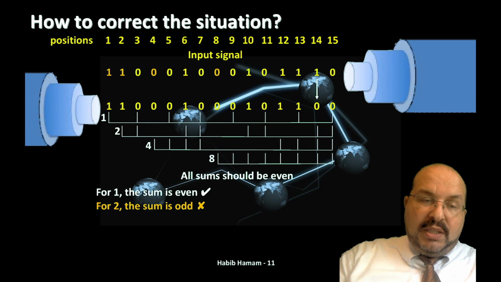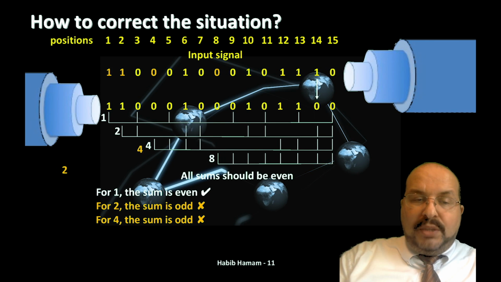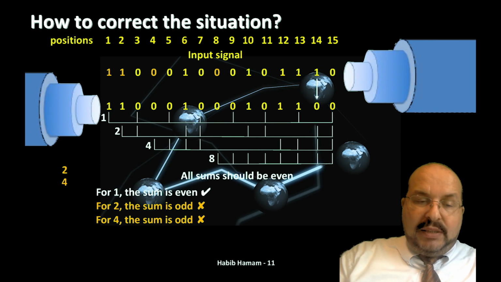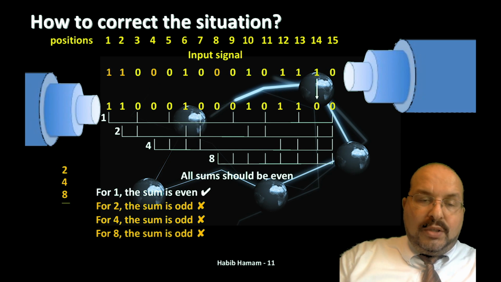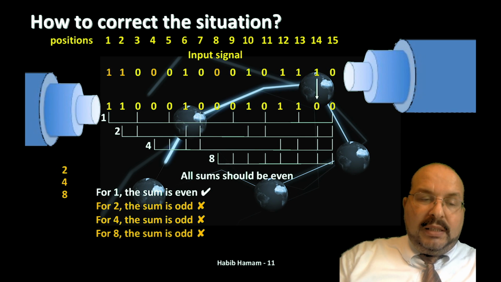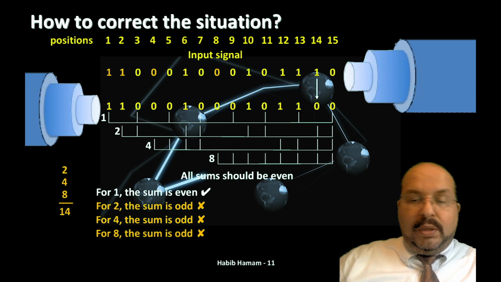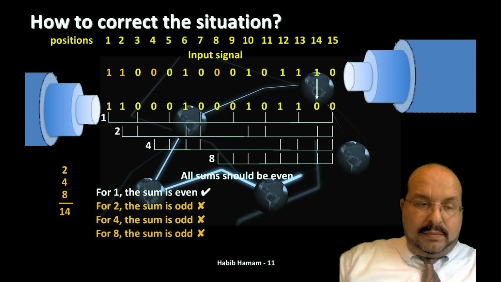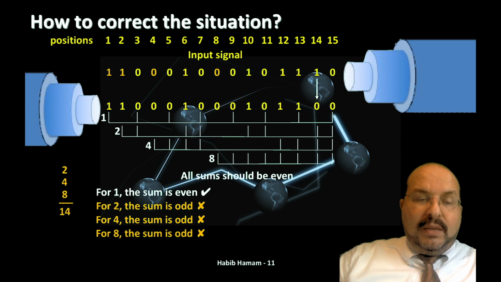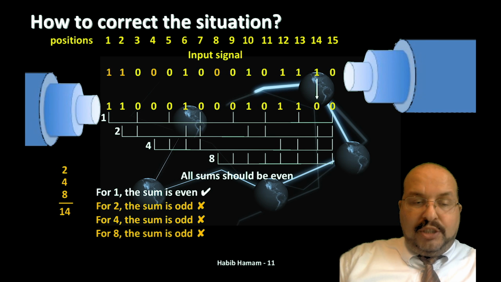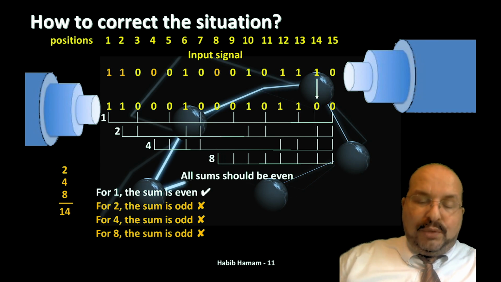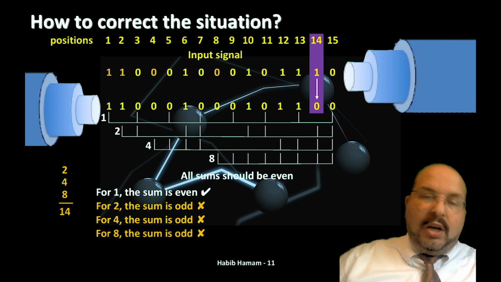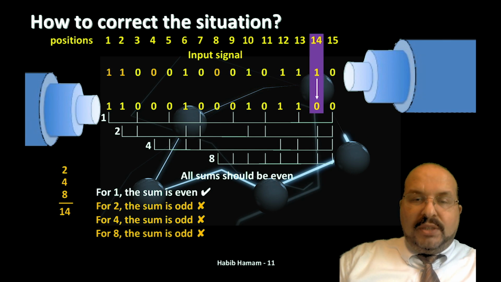I put it aside. 2 is here on the left. Now for 4, I do the same technique. It is bad. It's not even. It is odd. For 8, also odd. And then I sum up all these bad positions for which the addition is not even. It gives me 14. So 14 is the position of the incorrect bit.